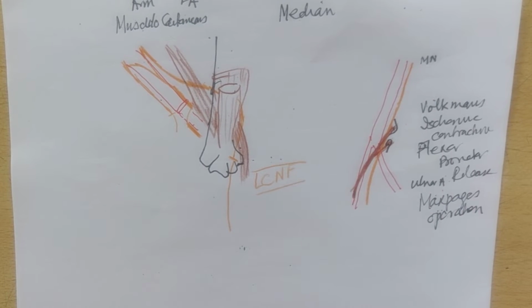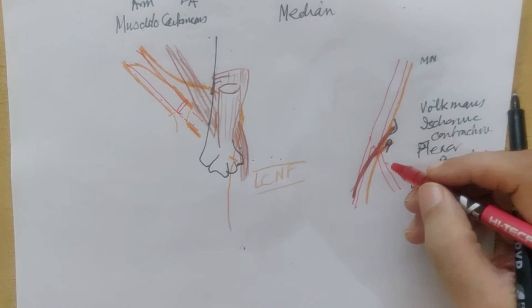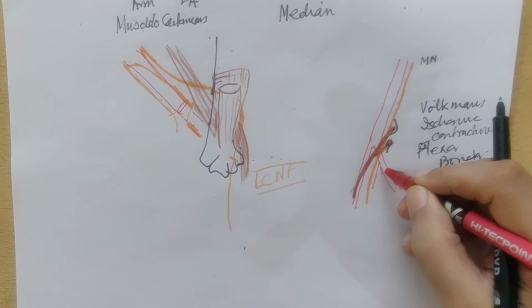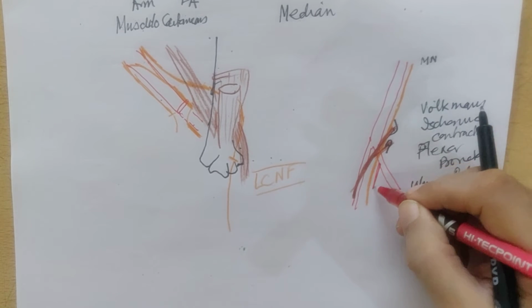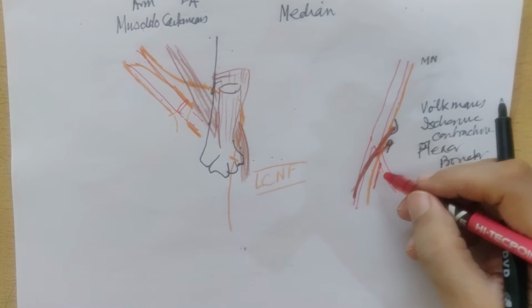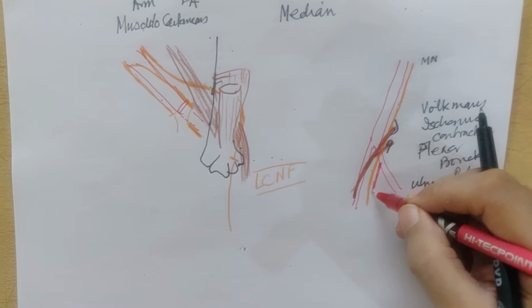and of course when you are doing it you have to save the ulnar artery, and this ulnar artery would give an artery which goes parallel to the median nerve, which is also called the median artery.